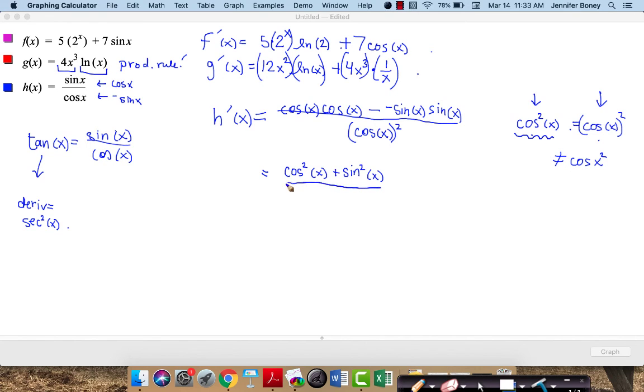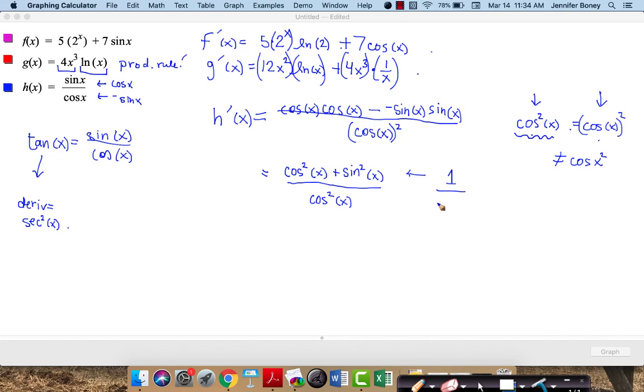Now, if there's any trig identities that you remember at all from your life ever, the one that most people remember has to do with this numerator here. Pythagorean identity, cosine squared of something, whatever angle, plus sine squared of that same angle is equal to 1. So as long as the input to both functions is the same, cosine squared of something plus sine squared of the same something, it's always equal to 1.